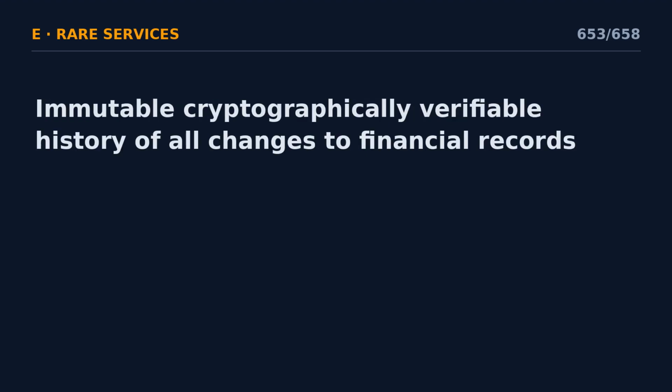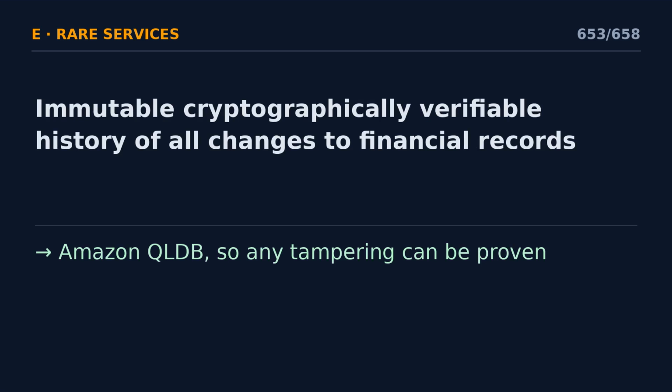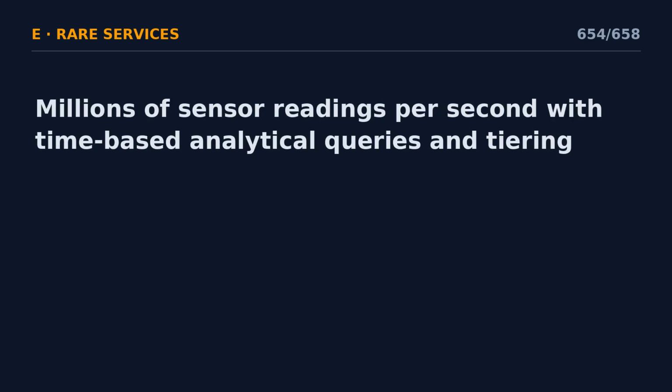Immutable, cryptographically verifiable history of all changes to financial records. Answer: Amazon QLDB, so any tampering can be proven. Millions of sensor readings per second with time-based analytical queries and tiering.